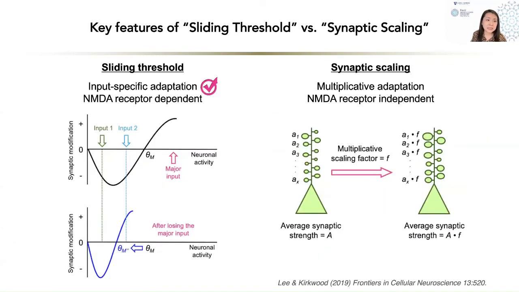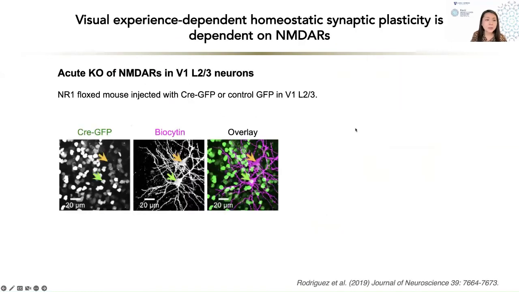Next, we tested the NMDAR dependence of this to distinguish the two models. So we used a genetic tool to knock out NMDA receptors acutely and very specifically in layer 2-3 neurons by sparsely transfecting Cre-GFP into the visual cortical layer 2.